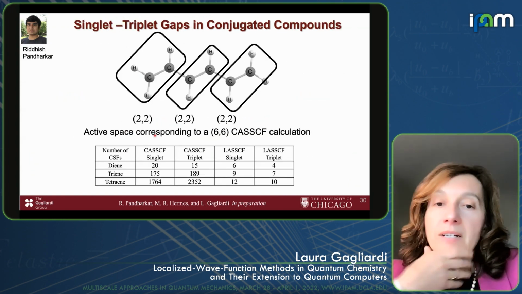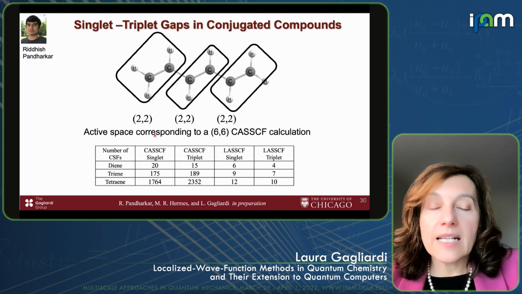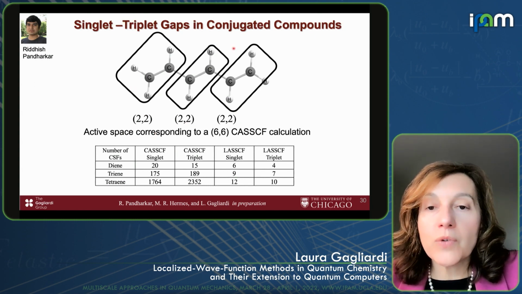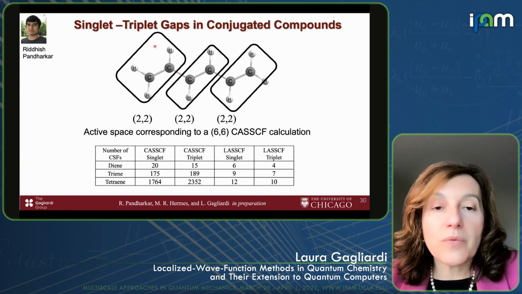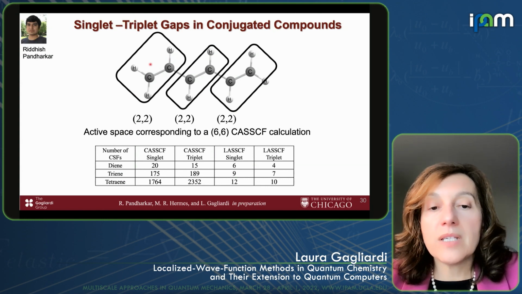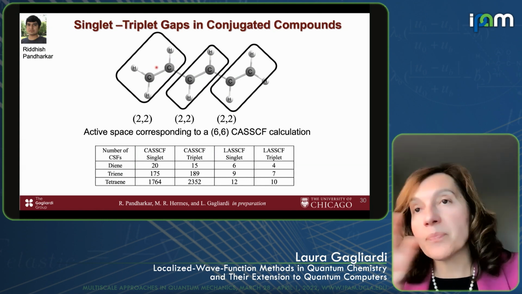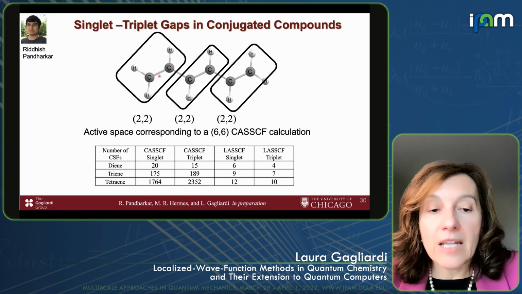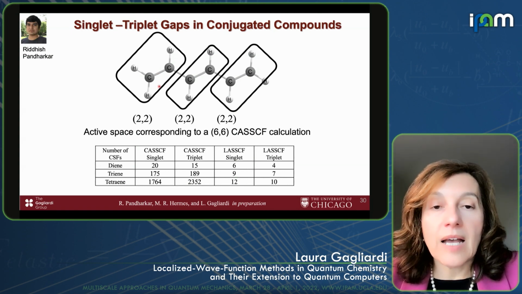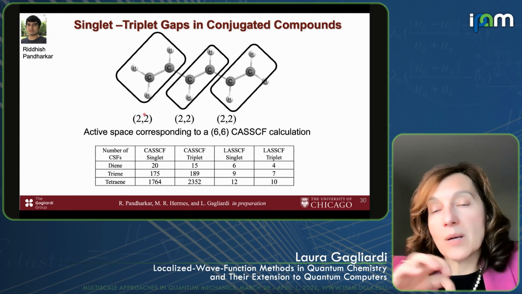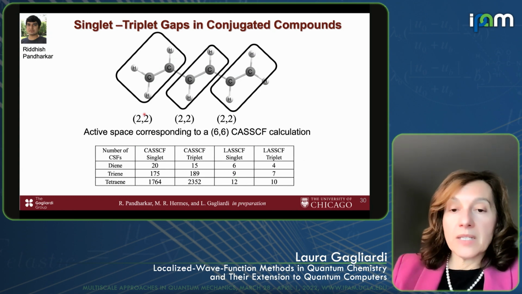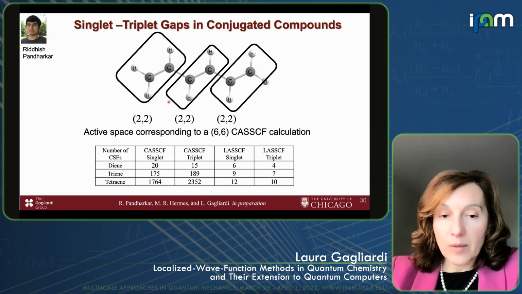exciting. Another example that I can show you, let's say that we consider some conjugated species where there is an alternation of double bonds and single bonds. So we put each of these doubly bonded CC groups within one fragment, and instead of having an active space that is the sum of all of that, we just have, for example, a 2 in 2 active space in each fragment.